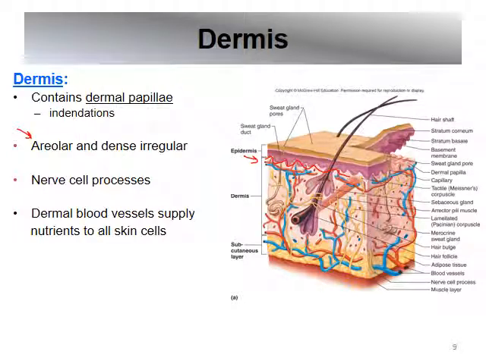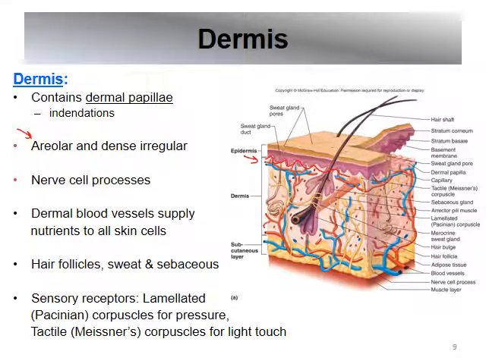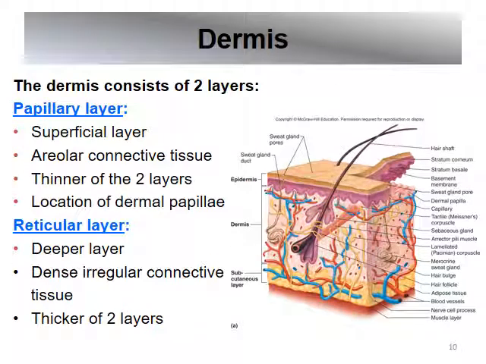There are nerve cells here, there are blood vessels here, there are hair follicles, sweat glands, and sebaceous glands we're going to learn. And then there are also these receptors that pick up touch pressure information. Okay, but again, the main thing here, know that the two tissues, areolar and dense irregular, make up this dermis layer. I actually don't ask the two different layers in the dermis, but the papillary layer, that is the top layer, reticular layer, the deeper layer. Reticular layer is made up of the dense irregular.